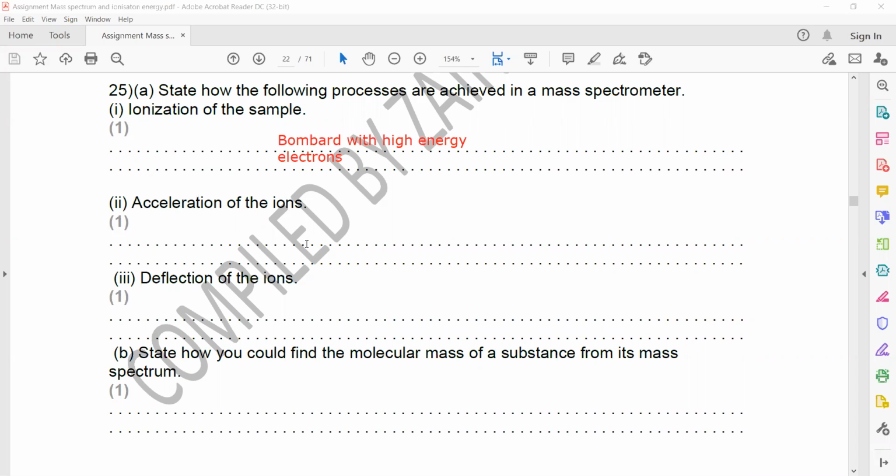Acceleration of the ion. How do we accelerate the ion? By using an electric field. How do we deflect the ion? By using a magnetic field perpendicular to the motion of the particle.